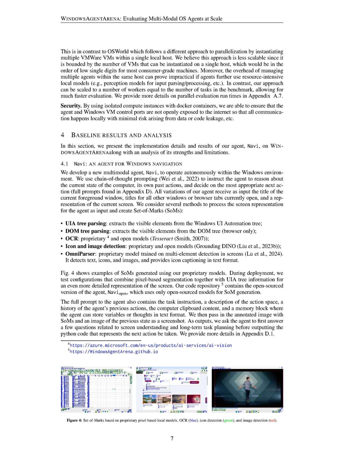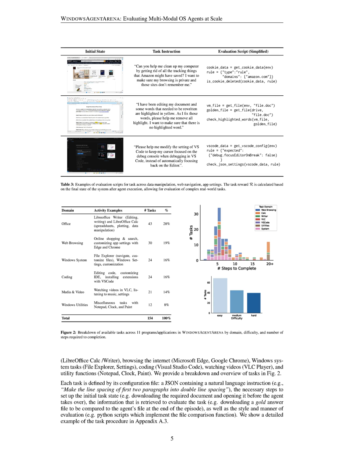Next, Navi processes the screen representation using a combination of UI automation, UIA, tree parsing, and pixel-based segmentation to identify the relevant UI elements, such as the paragraph settings in the toolbar. After understanding the current layout, Navi generates a sequence of executable actions, such as navigating to the paragraph settings and selecting the double-line spacing option.